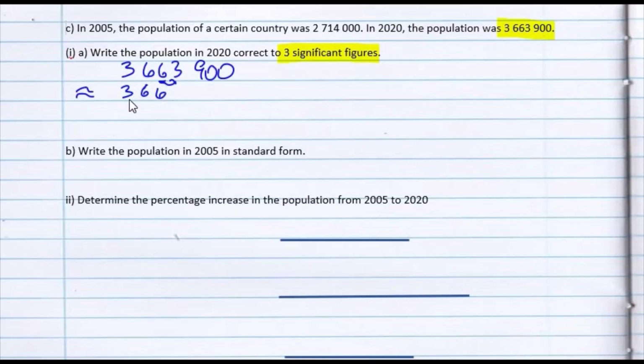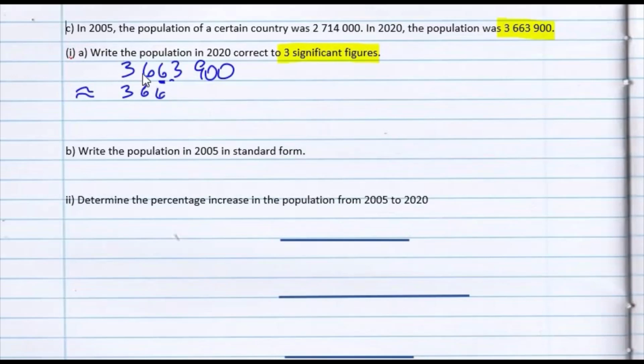However, these are not a good representation of the original digits in the number, because the value of this 3, for example, is 3 million, and the value of this 3 is 300. In order to maintain the place value, we need to ensure that the 3 is still 3 million. So what we'll do, we'll basically add zeros as placeholders.